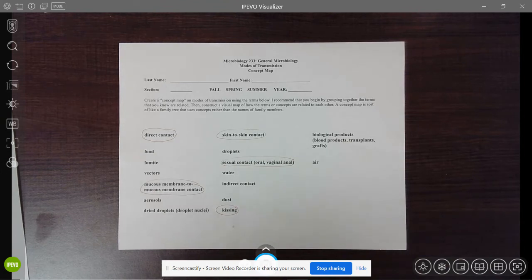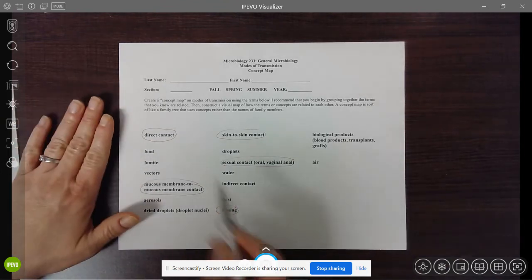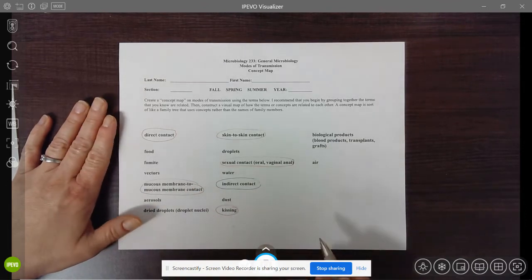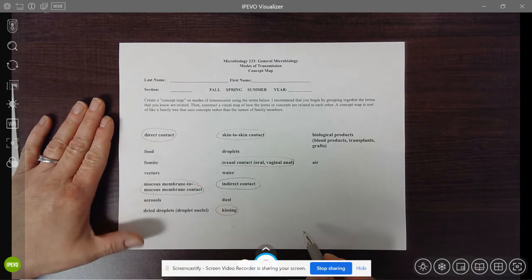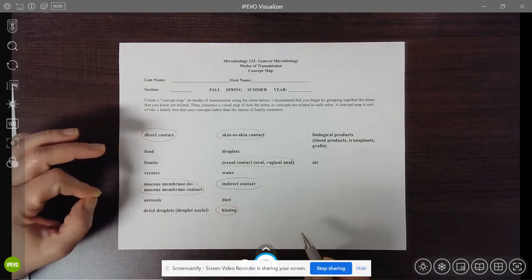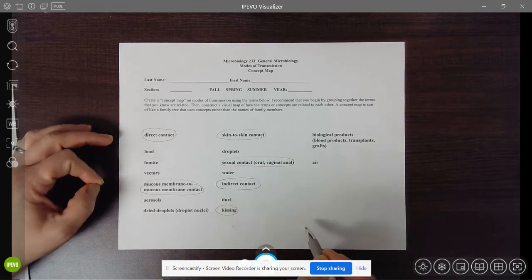Looking at the other terms that we see here, in contrast to direct contact, we have indirect contact. And if you look at your book, basically everything else that's listed here is listed as a form of indirect contact.